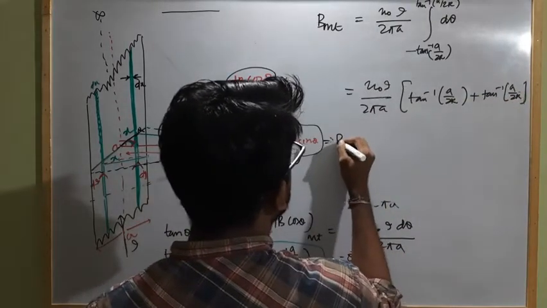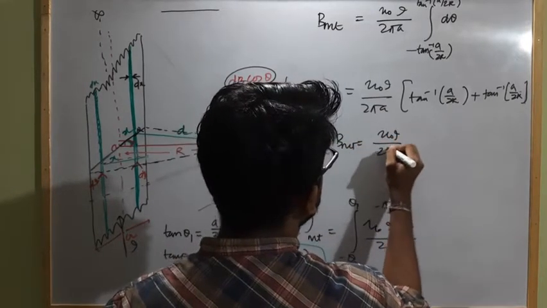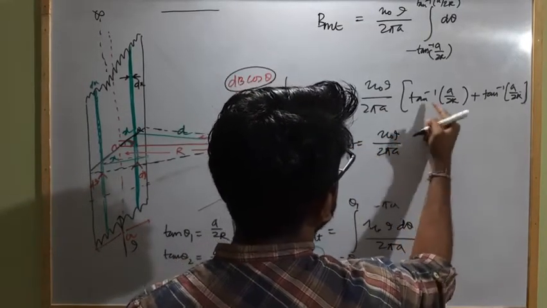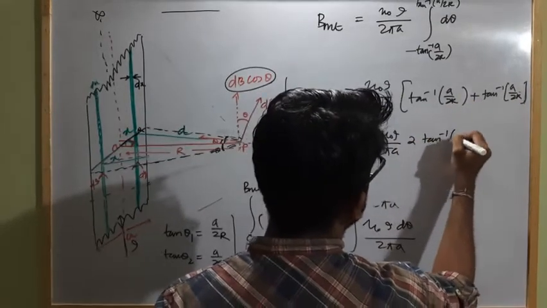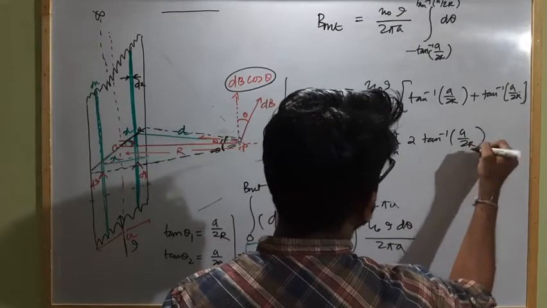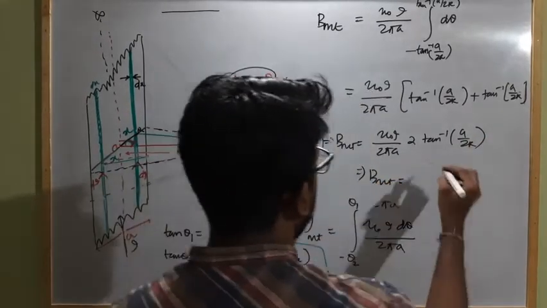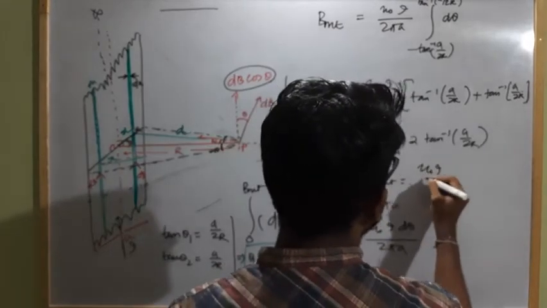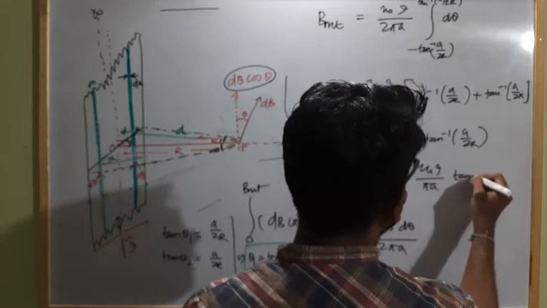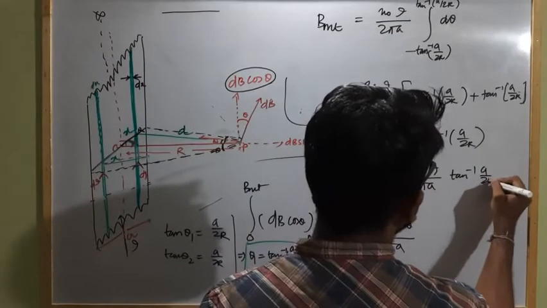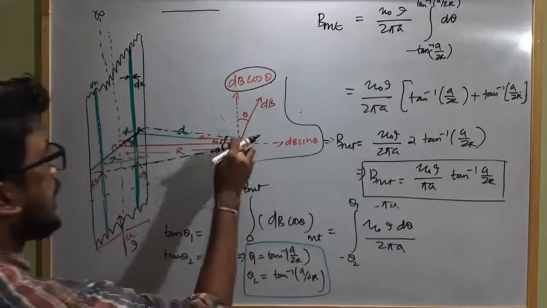So B net equals mu naught I by 2 pi a into 2 tan inverse a by 2r, or B net is mu naught I by pi a into tan inverse a by 2r. This is the expression for net magnetic field strength at this point P.